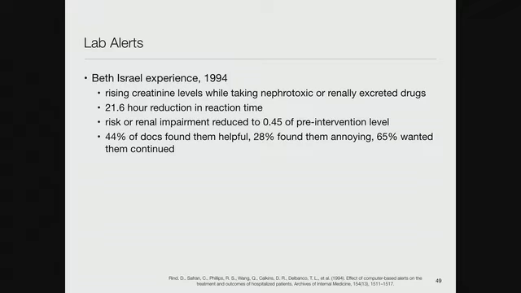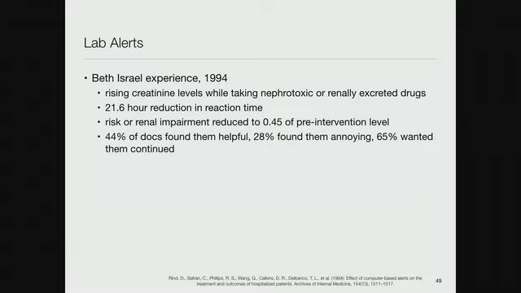Because, of course, if the drug is renally excreted, that means that if your kidneys are not excreting things at the rate they're supposed to, you're going to wind up building up the amount of drug in your body, and that can become toxic. So they saw a 21-hour, so almost a full day reduction in response time from the medical staff given these alerts versus what happened before.